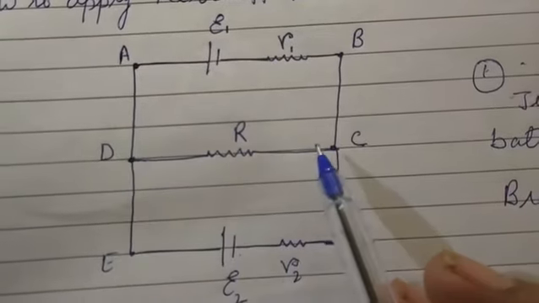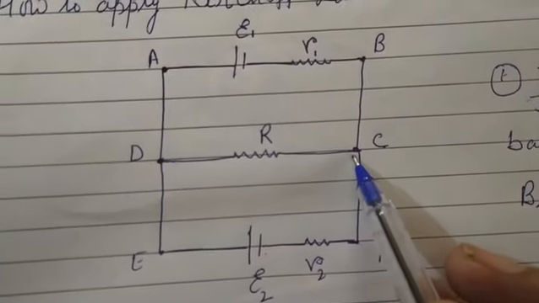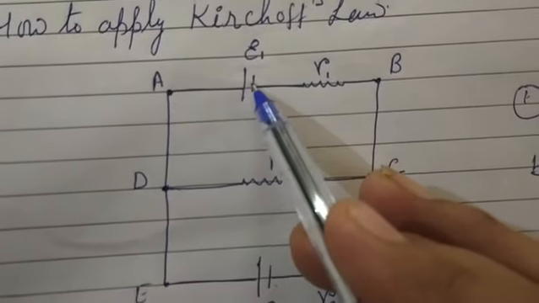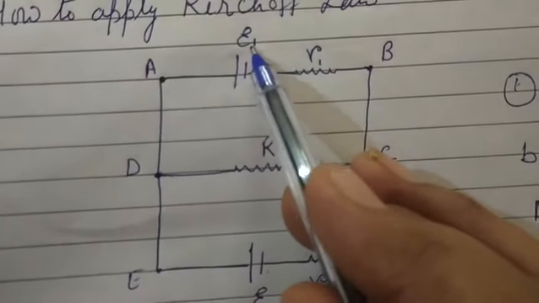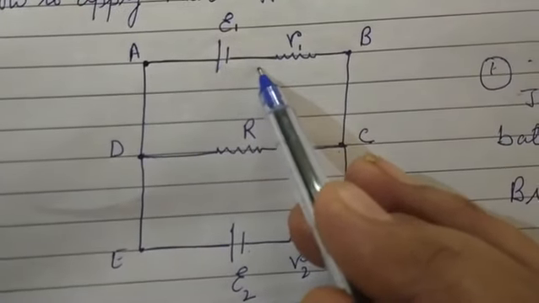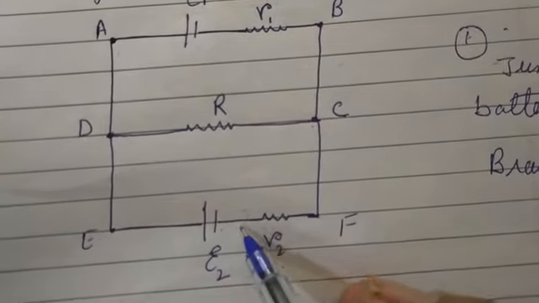So this is a junction, and this is also a junction. I am going to start from the junction. You can start from the battery also. From battery E1, if current is flowing I1, and from battery E2, current is flowing I2.